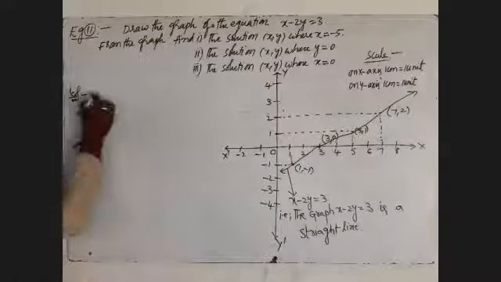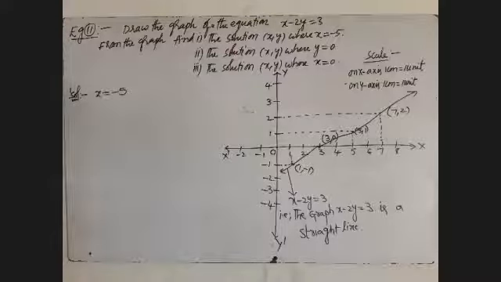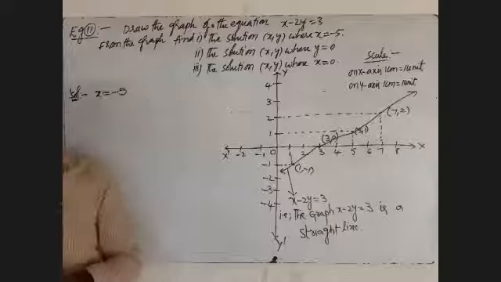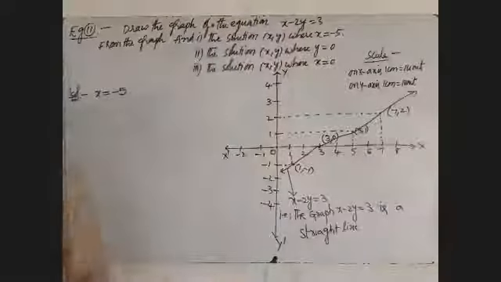Here we observe x is equal to minus 5 is given. Now I have to find the ordered pair of x comma y.